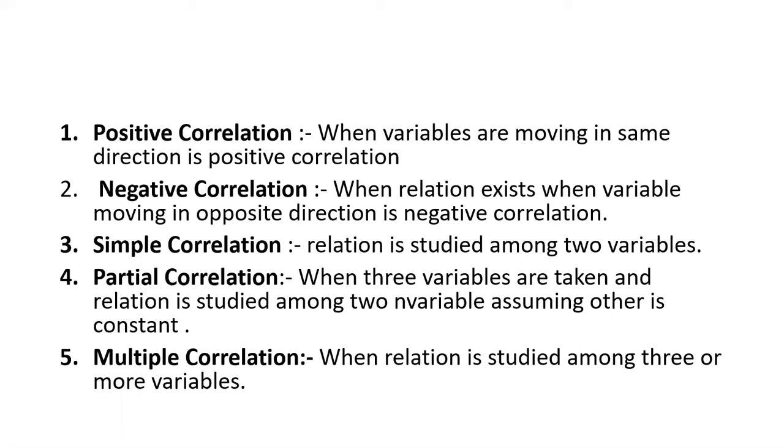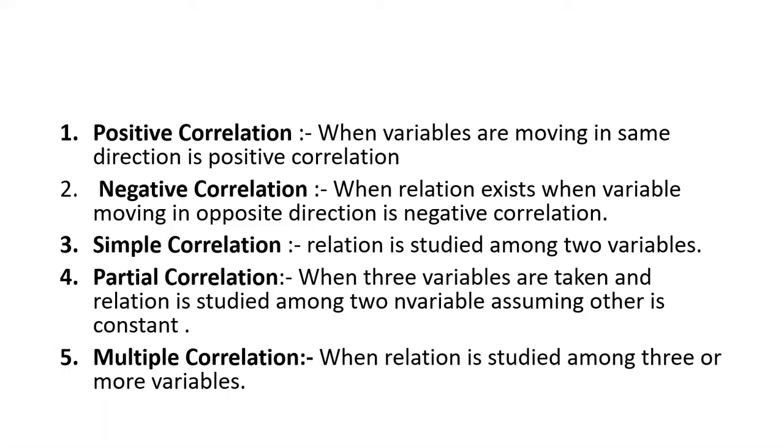Simple correlation is a relation studied among two variables. When the relation is just studied between the two variables, like price and quantity demanded, it is called simple correlation. Then partial correlation: when three variables are taken and the relation is studied among two variables, assuming the other is constant.